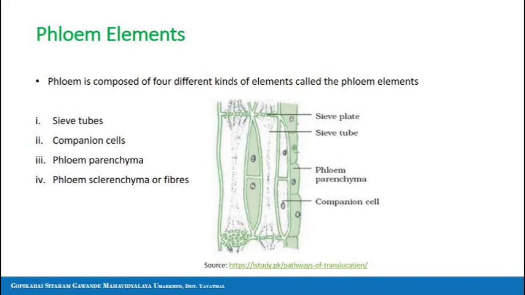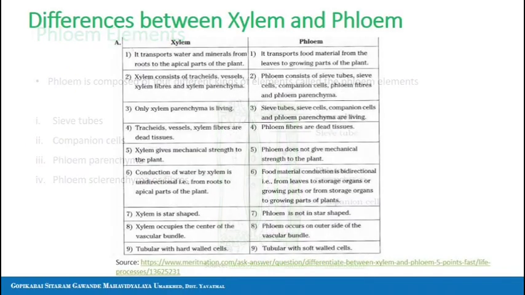So these are the four elements of phloem that we have seen, the complex tissues, that is xylem and phloem. And if we look at the difference between xylem and phloem, these are the distinct differences that we can see between these two complex tissues.